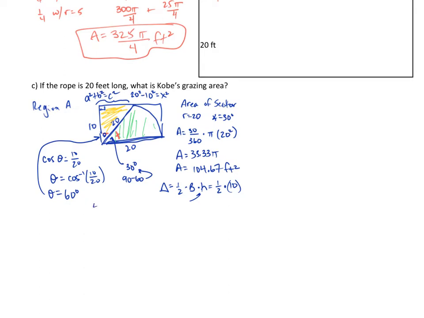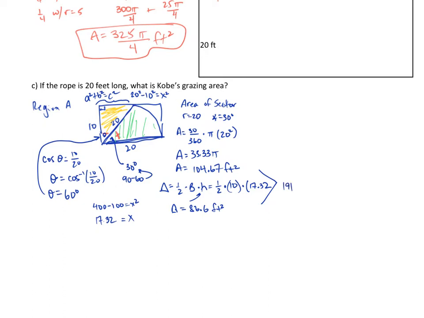So 400 minus 100 equals x squared, and x will end up being approximately, I'm going to keep everything as decimals, 17.32. So we're going to put this times 17.32. So the area of the triangle ends up being 86.6 square feet.